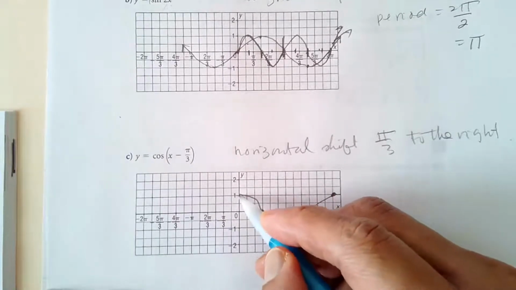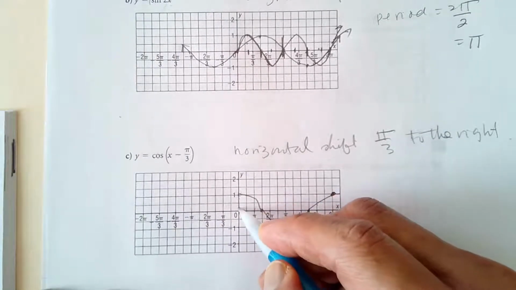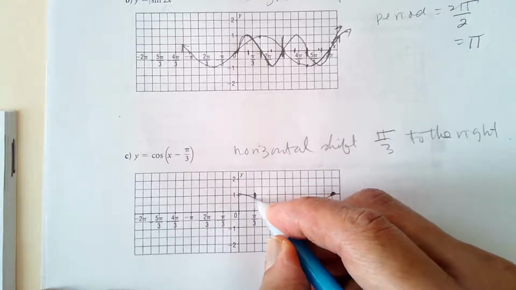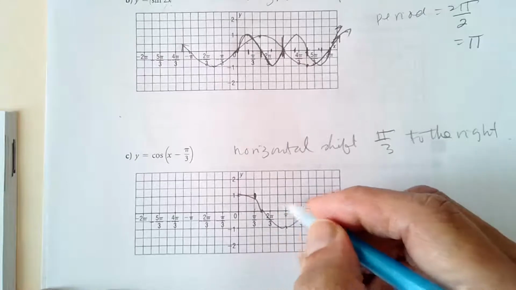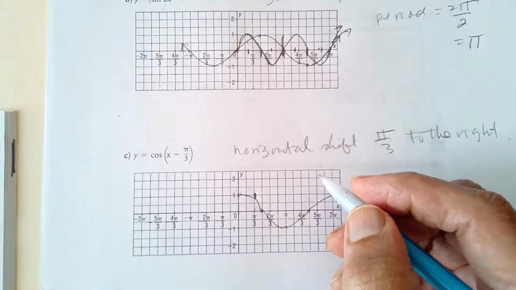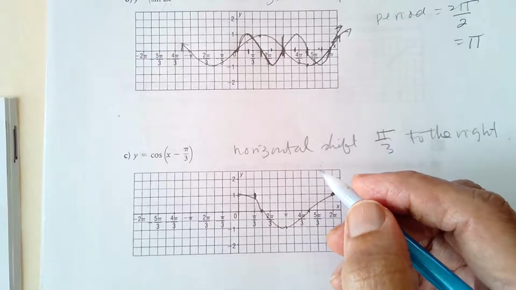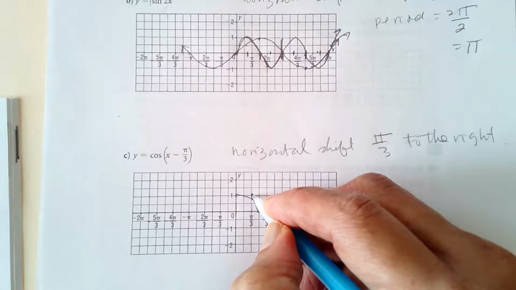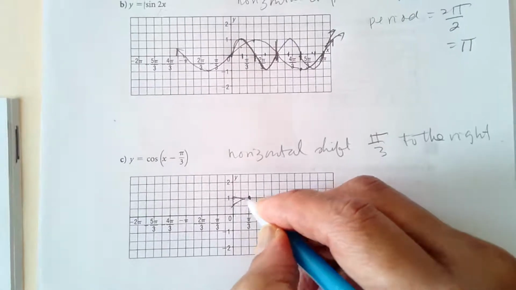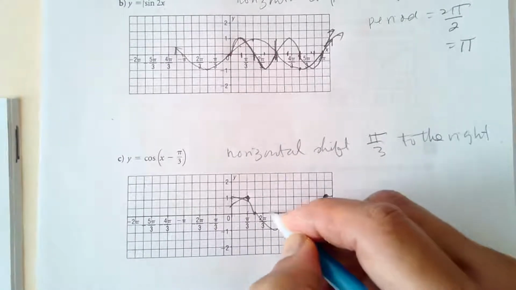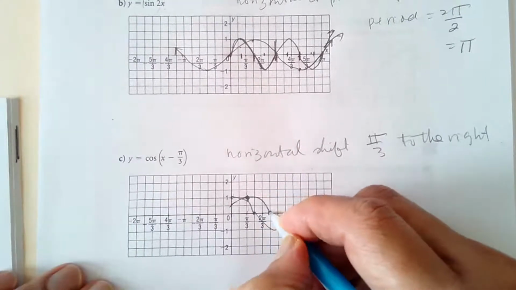Instead of starting from x at 0, it's now beginning from here. So everything shifts pi over 3 units to the right. So that will look like, start from here, goes down here. Then we have this point here.